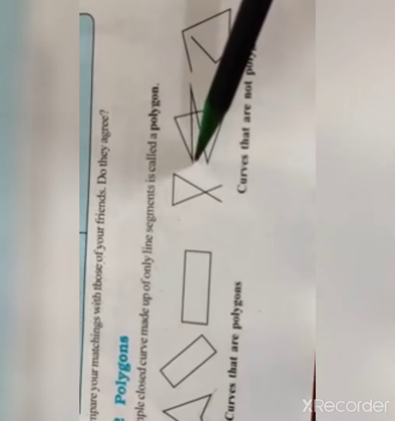Now you can see in these, curves that are not polygons.